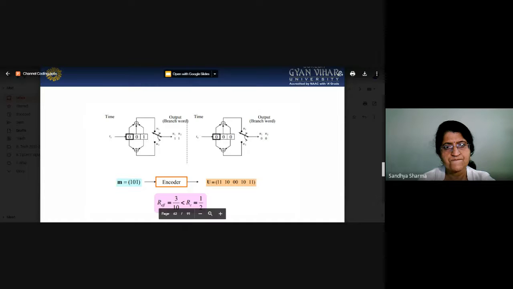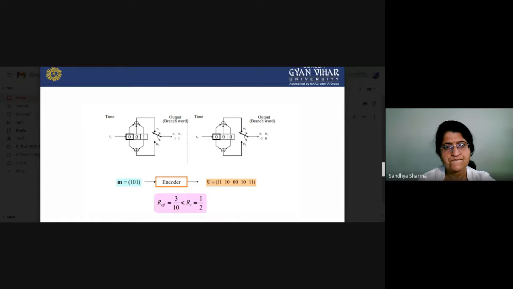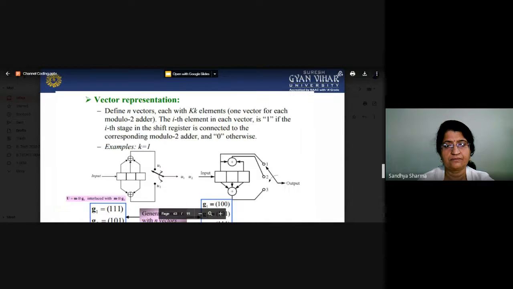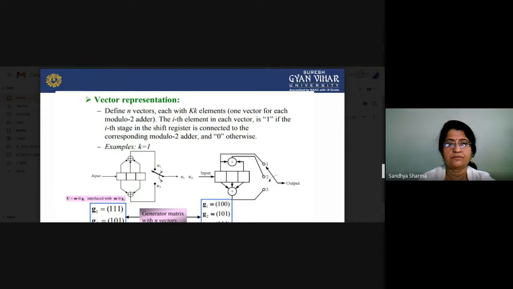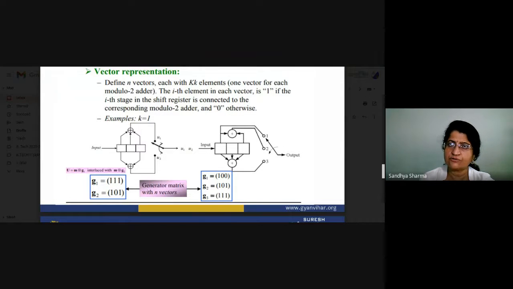Here we can see the shifting in the shift registers. Now there is also a vector representation of our convolution encoder. Suppose you have to define n vectors, each with K elements, one vector for each modulo 2 operation. So you can define a vector for modulo 2 operations, meaning how many bits you have.